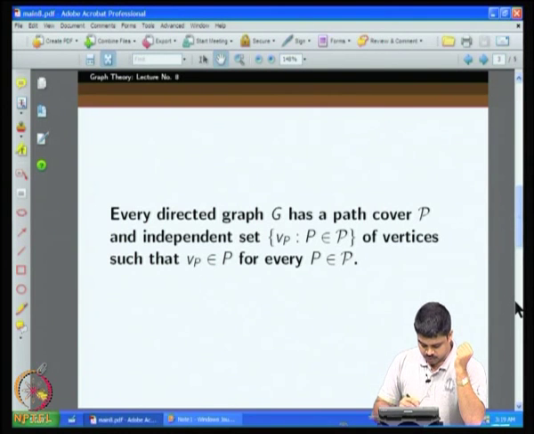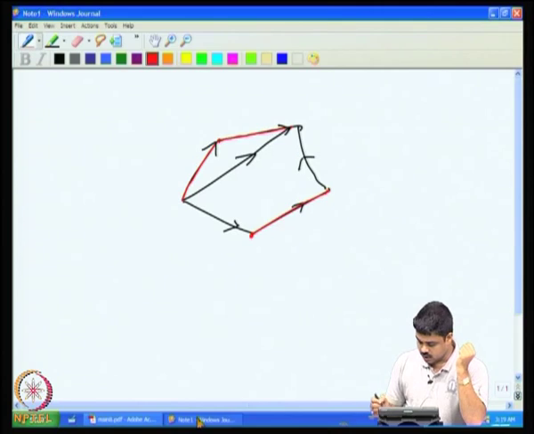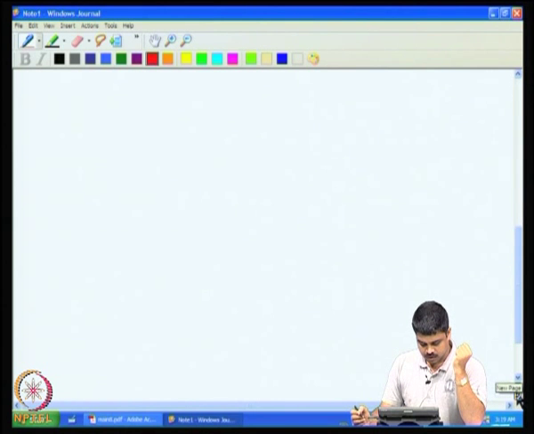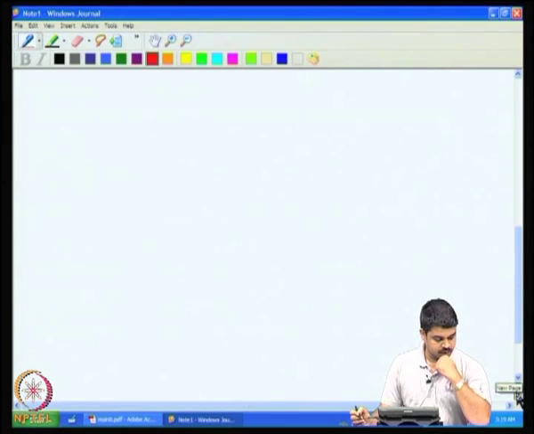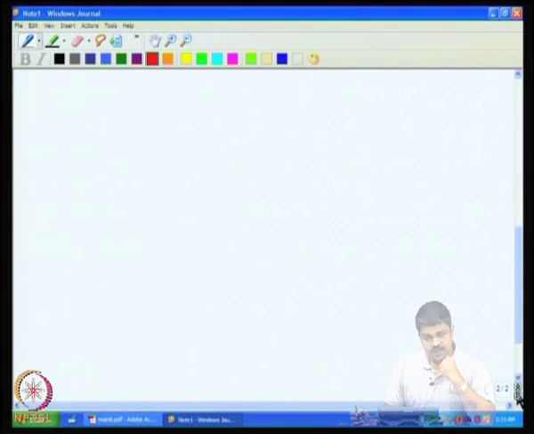So now we are going to prove the Gallai Milgram theorem, and before that let's state the theorem like this. Suppose we are interested to find the minimum number of paths that can cover a directed graph in this way. That means we want a path cover of minimum cardinality.